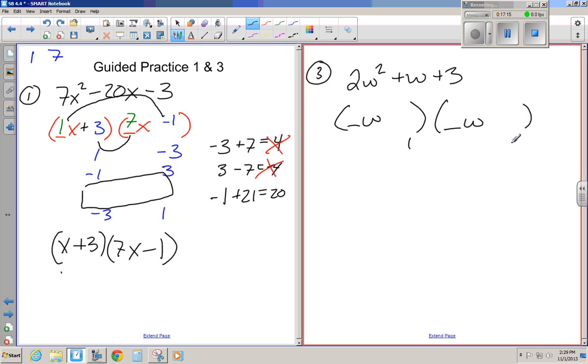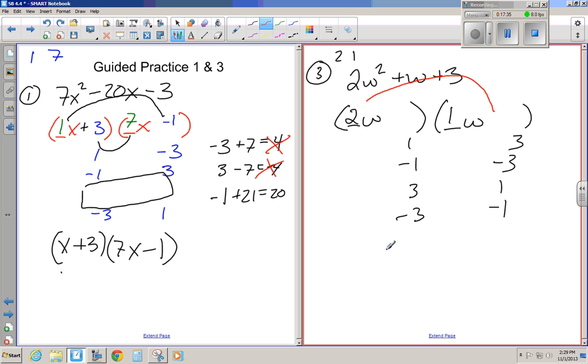Write all the possible factors of positive 3. And then some factors of A. So I'm going to put a 2 there and a 1 there. That's my guess. Now do OI. OI is all you have to do.